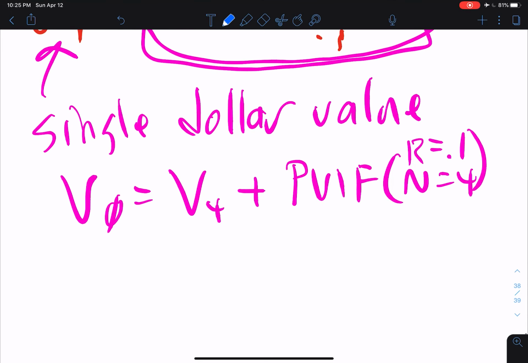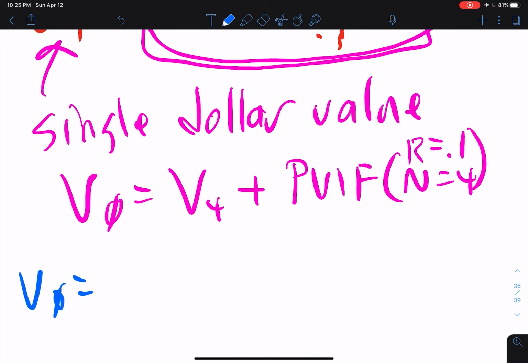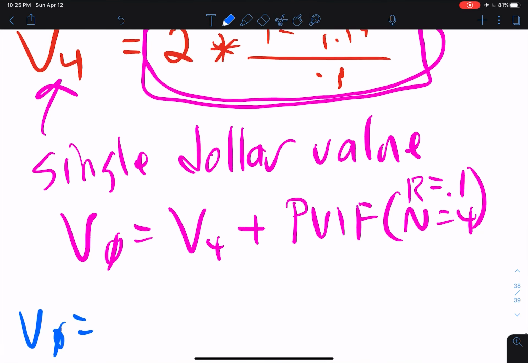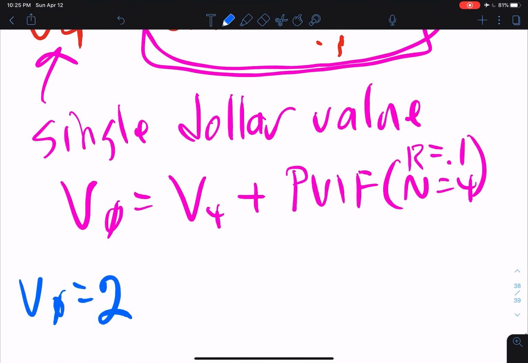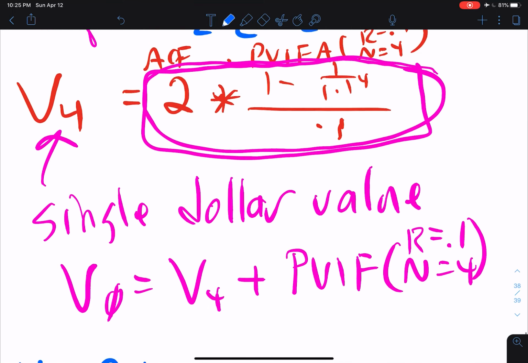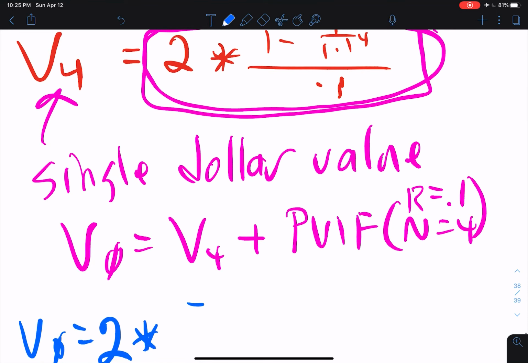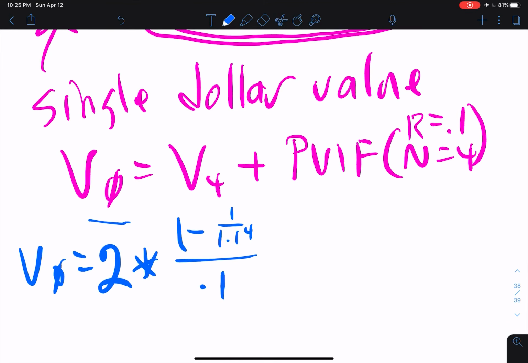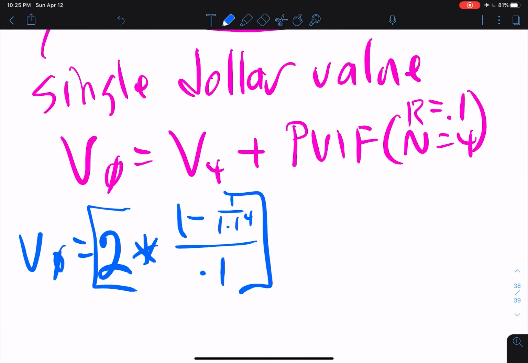So in this case, the value at date 0 would be 2 times 1 minus 1 over 1.1 to the 4th, all over 0.1. I just noticed something.